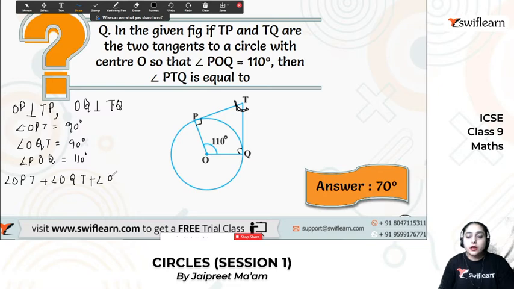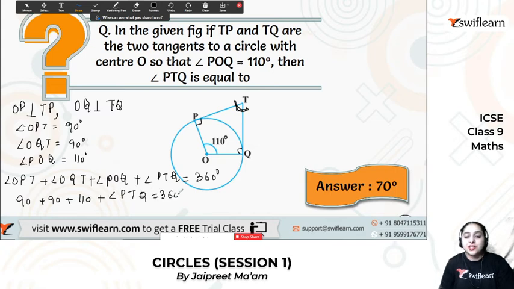Angle POQ plus angle PTQ. Let's substitute the values. 90 plus 90 plus, this is POQ, this is 110, plus angle PTQ is 360 degree.